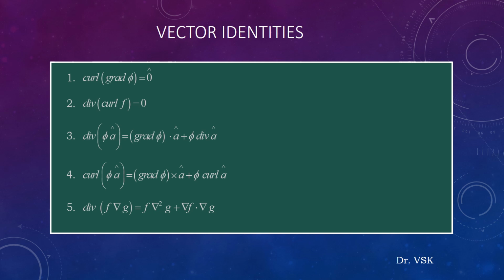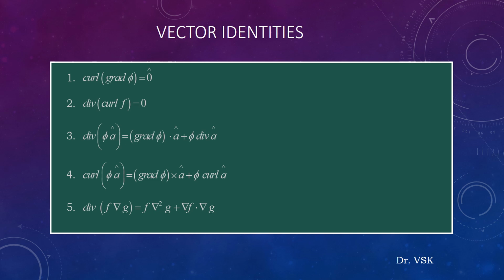If we observe the first term on the RHS, it is f del square g. F is a scalar. The Laplacian operator applied on g, that is the del square g, is also a scalar. Because f and del square g are scalars, their product is a scalar. Now take the second term on the RHS, del f dot del g.